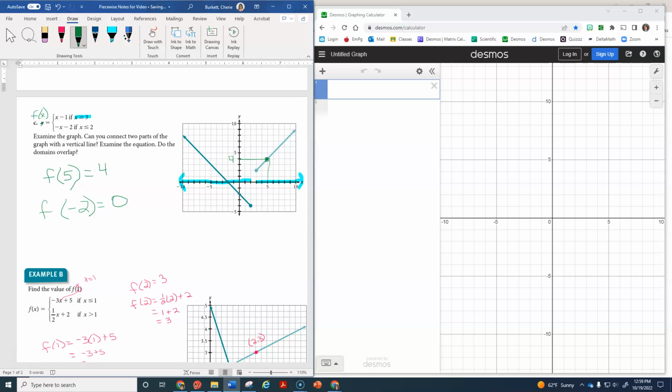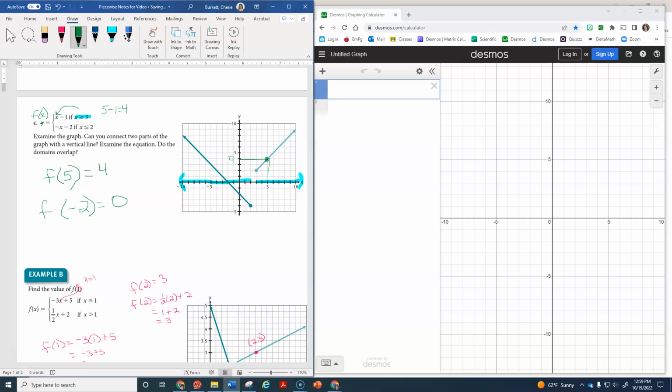We could also, of course, handle each one of these algebraically. The 5 is a number that's greater than 3, so we would plug the 5 in right there. 5 minus 1, that's where we get our y value of 4.